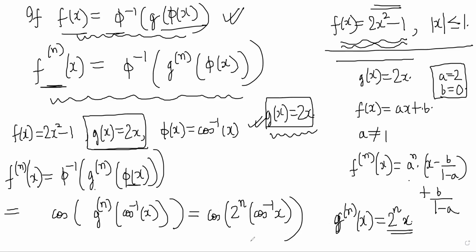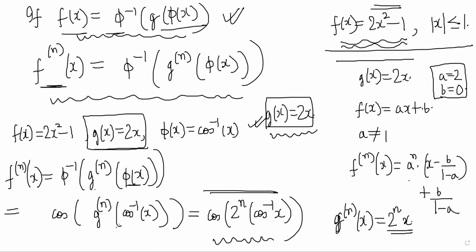Cos of 2^n cos inverse x. So our f^n of x becomes this function. This is our answer for the problem. If f of x was 2x squared minus 1 and mod of x was less than or equal to 1, our f^n of x becomes this.